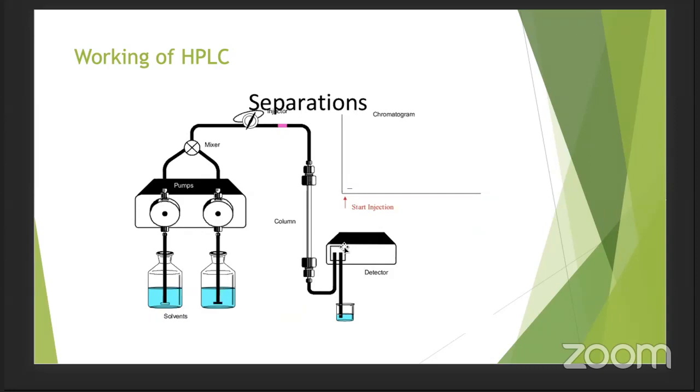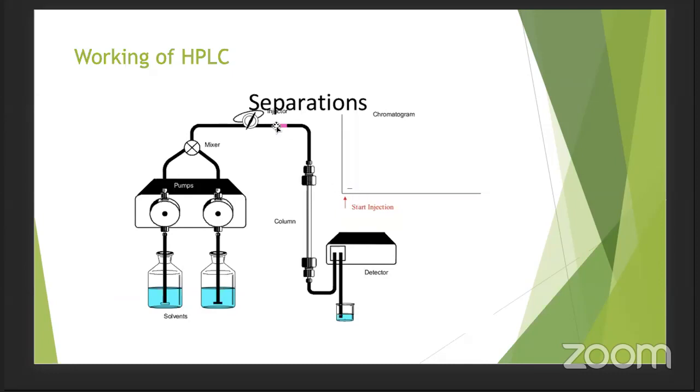Now, once that is done, we do loop injection of the component that we want to separate. As soon as the mobile phase reaches the detector, we start to get a stable line. This is called the baseline.